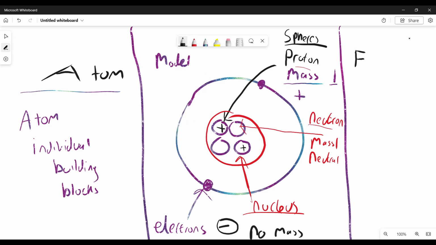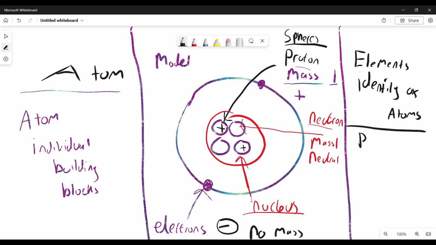Now, the final thing that I want to talk about with atoms today is this term called elements, which you might have heard before. Elements refers to the identity of atoms. And we look at the identity of atoms using a periodic table.